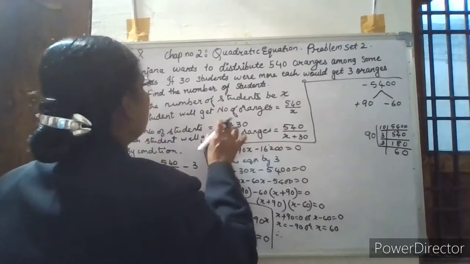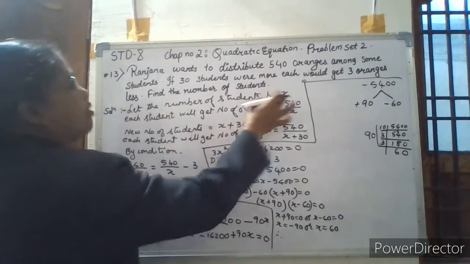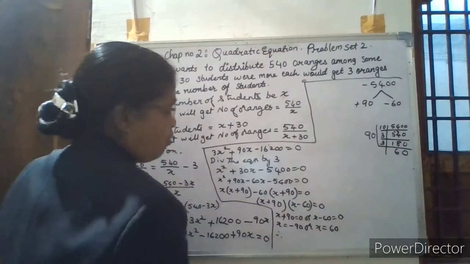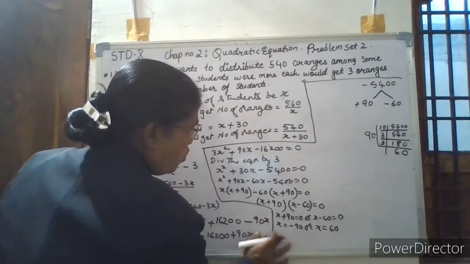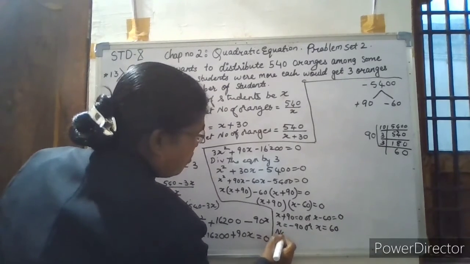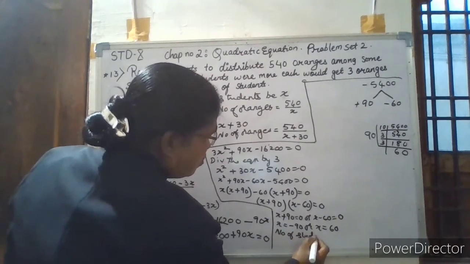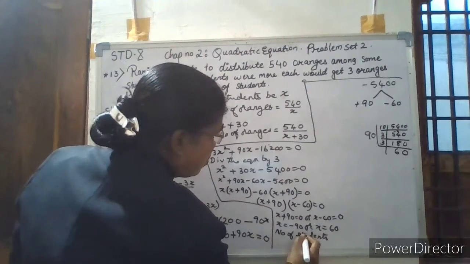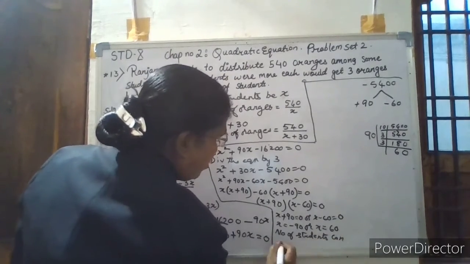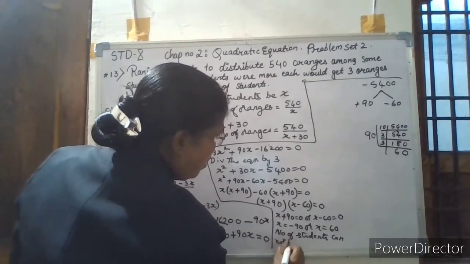Now, what is x? x is the number of students. Number of students cannot be negative.